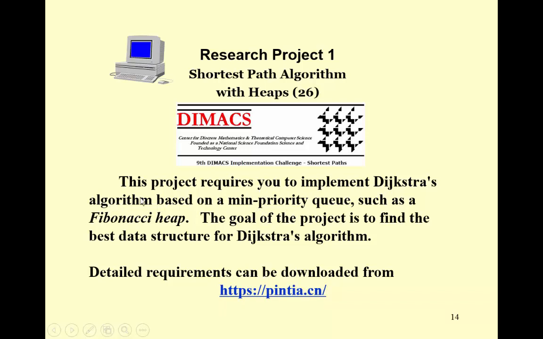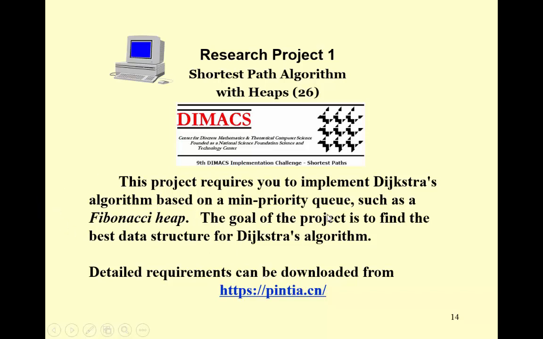Do you still remember what Dijkstra's algorithm is? Well, you'd better answer yes, right? You're supposed to implement Dijkstra's algorithm based on the min priority queue. Dijkstra's algorithm is a typical greedy algorithm, right? We're supposed to find the shortest distance between two vertices, by collecting vertices one by one into the solution set.